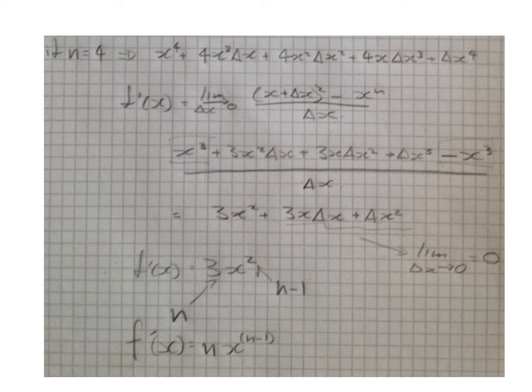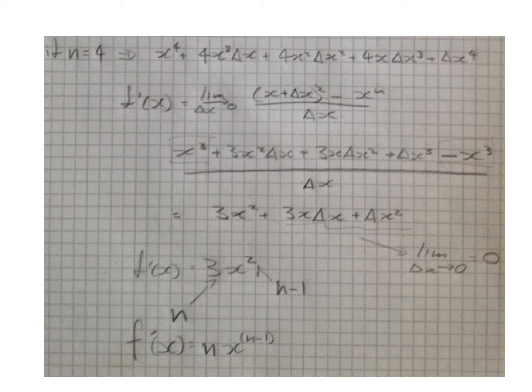When you divide all of these remaining things by delta x, you just end up with 3x squared, which is that term there, because you just remove the delta x. And all of these terms here still have a delta x in them somewhere. So when that goes to 0, all you end up with is this guy here.